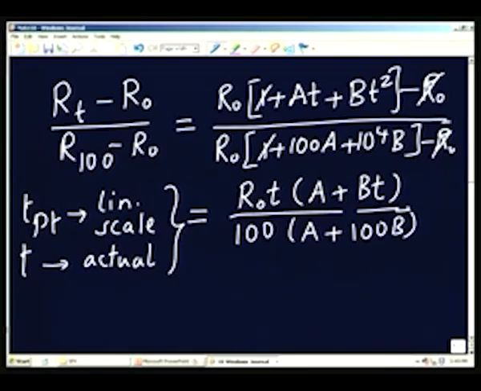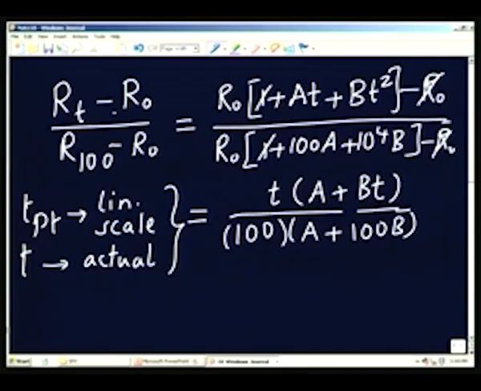Okay, RT minus R naught divided by R100 minus R naught is equal to, R naught will also cancel, T into A plus BT divided by 100 into A plus 100 B. So, why did I write like this?